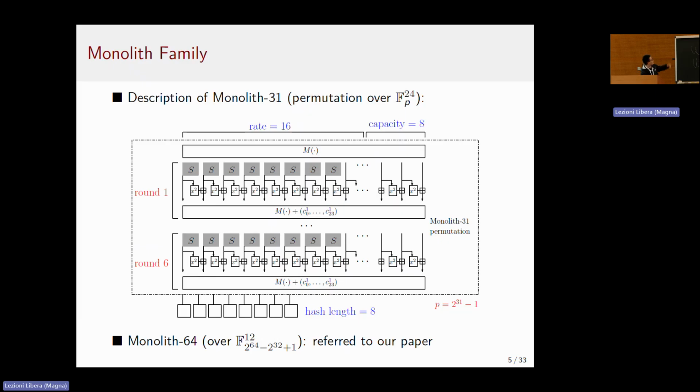For example, for the case of Monolith-31, the first nonlinear layer consists of 8 S-boxes, and then the second nonlinear layer is just a Feistel-like transformation via a quartic function. So basically they are the same, just differing in how these special S-boxes are placed.